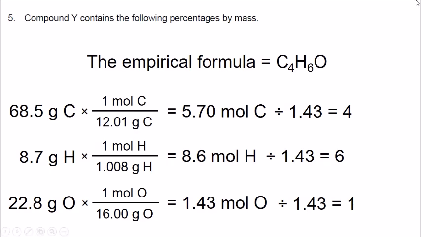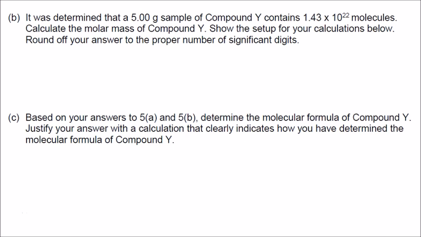All right, the next part of this question is going to have us calculate the molar mass of compound Y. So what do we know in part B? We have a 5-gram sample, and it contains 1.43 times 10 to the 22nd molecules. Now we're given data for grams and molecules, but the molar mass is grams per mole.